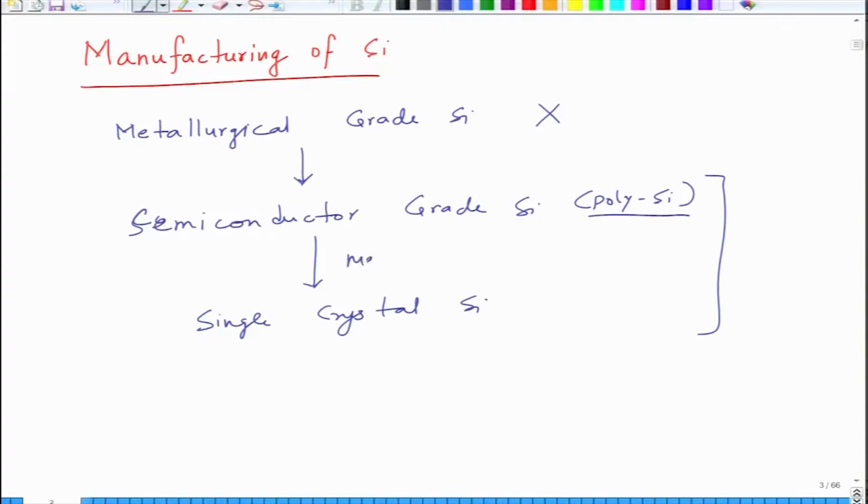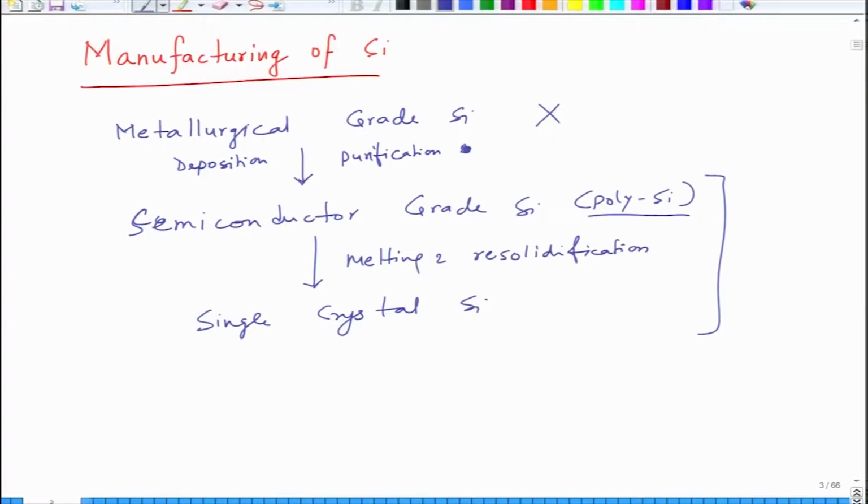So, essentially it is about melting and resolidification, and this is about purification and deposition and purification. So, you have 2 steps, deposition and purification. Metallurgical grade is not used directly, but semiconductor grade and single crystal silicon both are used in practice.